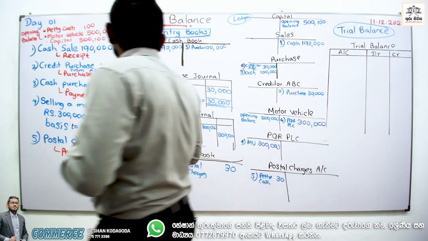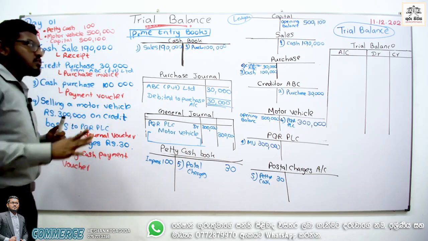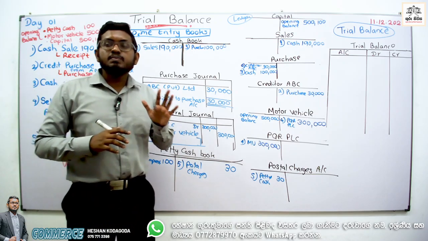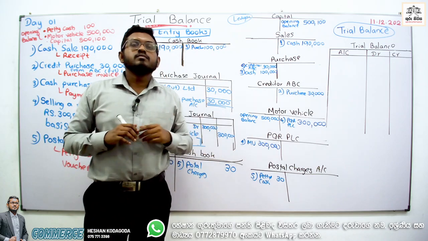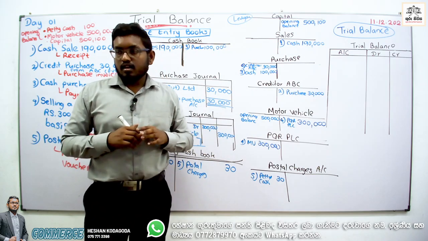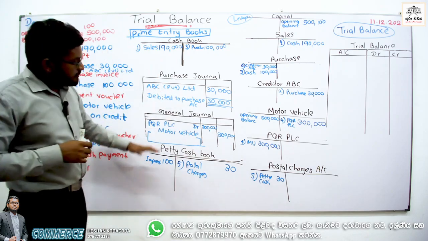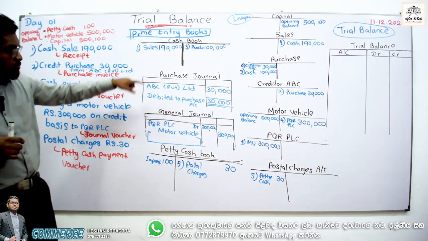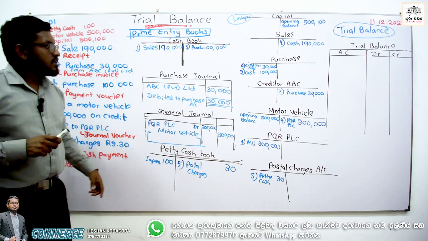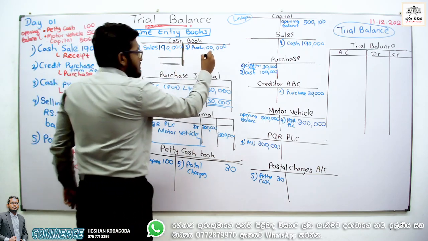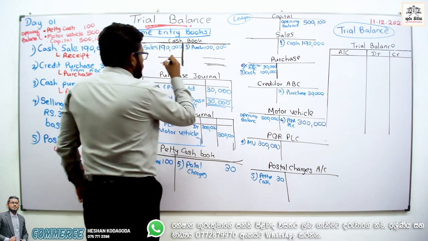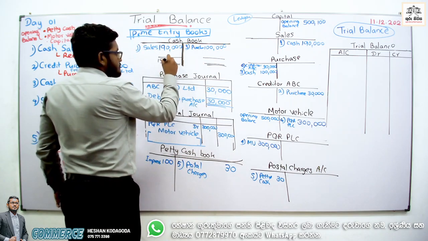First one. So we balance only the prime entry books which perform the dual function as well as each and every ledger account. So out of these prime entry books, we can balance only cash book and petty cash. When we balance the cash book, can you tell me the balance brought forward and balance carried down? So you know it's 190.